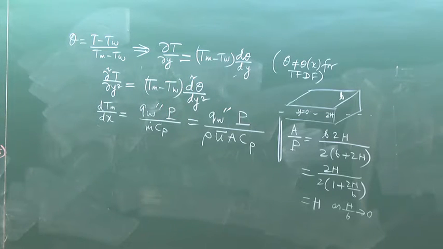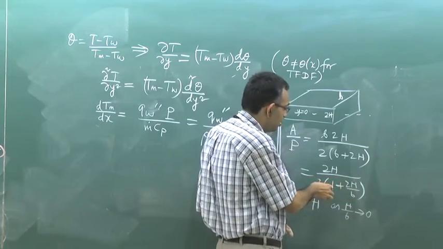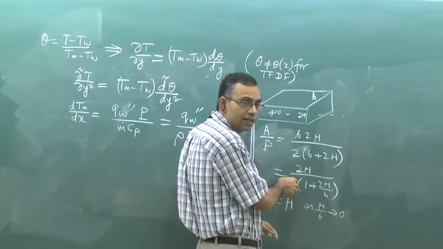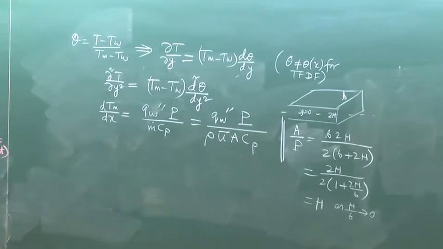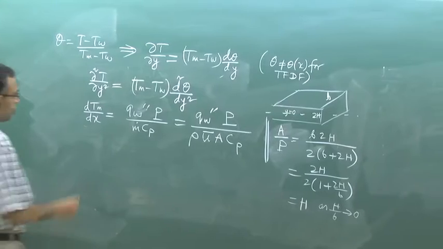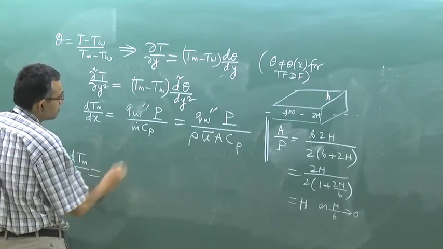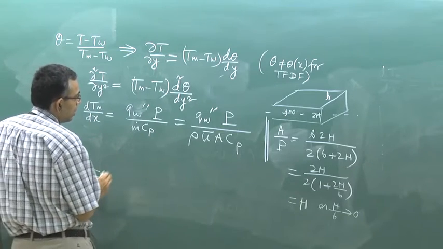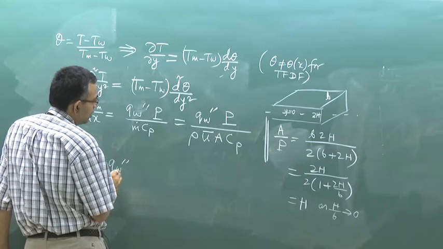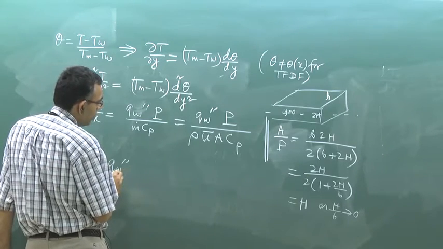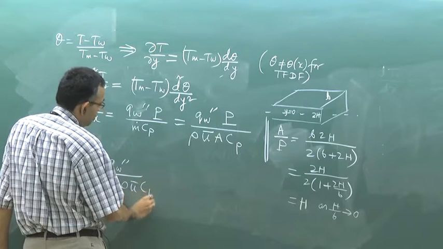When h by B tends to 0, this term is 0, this term is 1 and these two get cancelled. So it becomes h. So you can write dTm dx is equal to Q double prime into perimeter by area, which is 1 by h, by rho u average Cp.